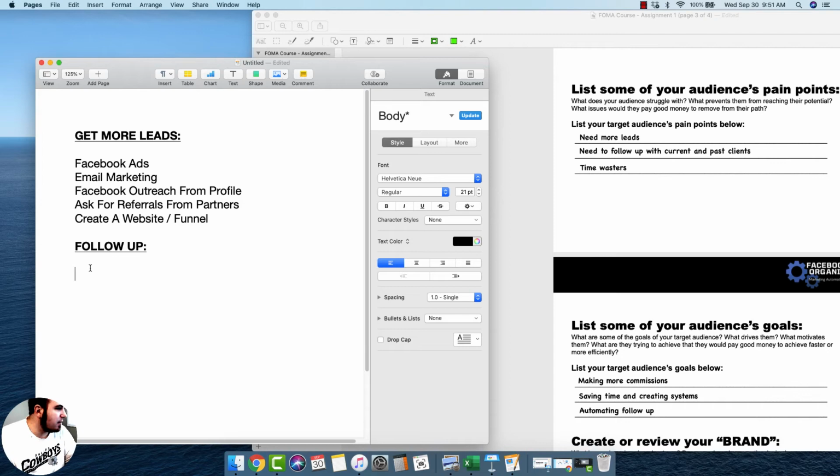So for follow-up, we can do email drip campaigns. We could do chat bots, mailers, phone calls and texts.